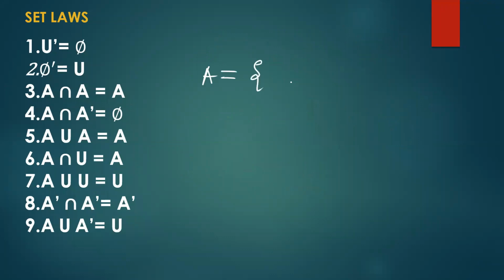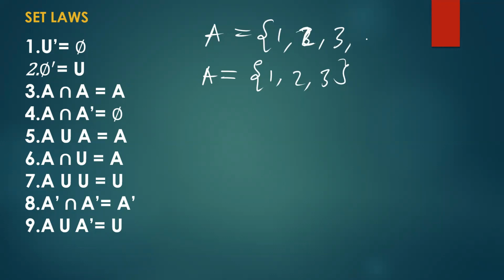So let's say we have set A, which is 1, 2, 3. And then let's say, for instance, the universal set is 1, 2, 3, 4, 5.